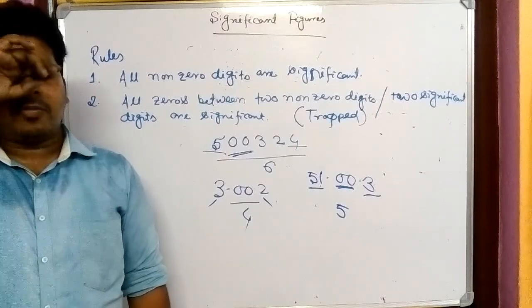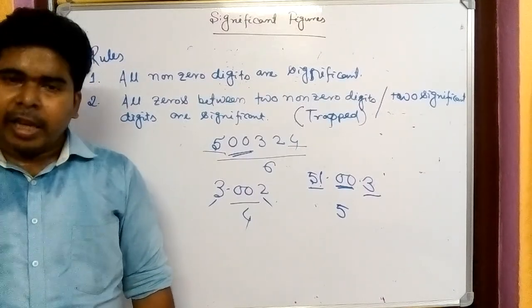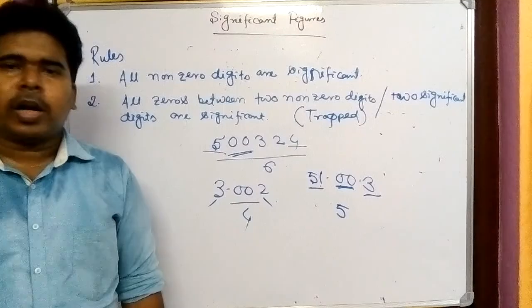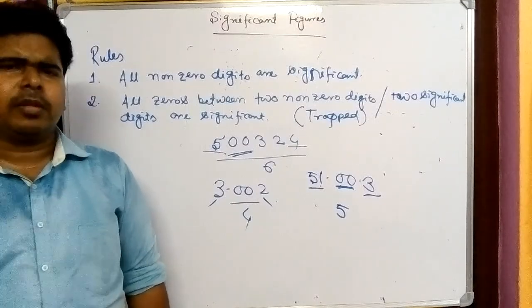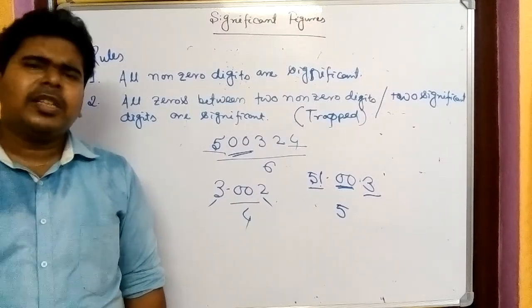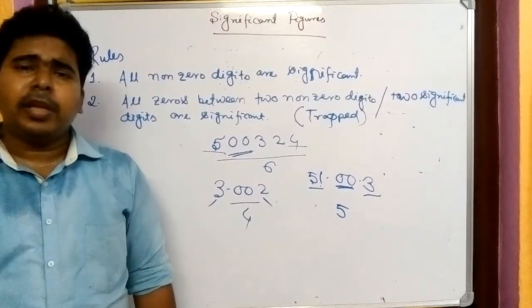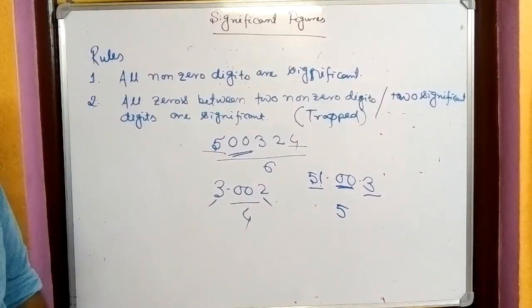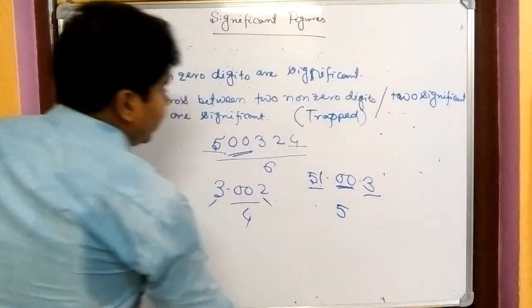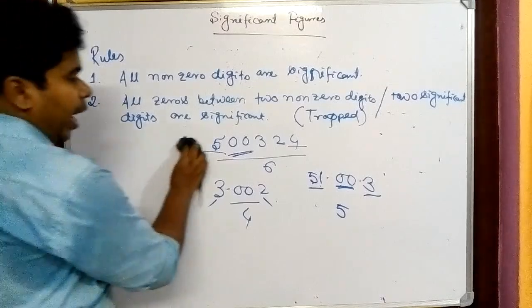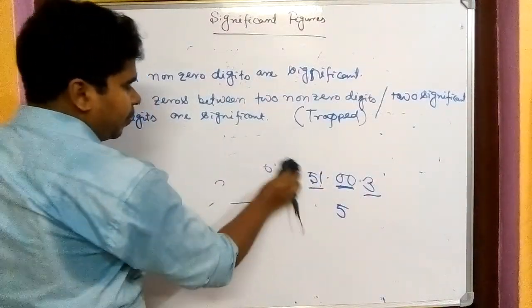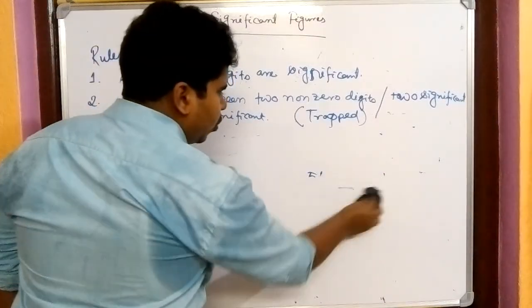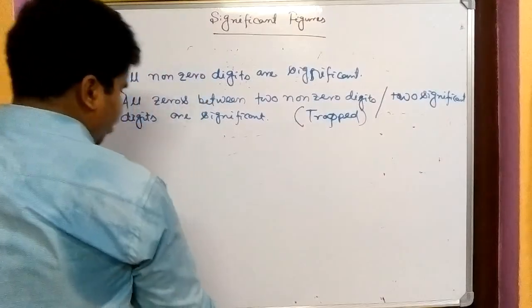The question has come in NEET, JEE Main or Advanced. In Advanced it is not coming as often. It's coming in JEE Main, and in NEET it is definitely coming. But most students, 60 to 70%, have done it wrong. So see each and every rule. The second rule is understood.